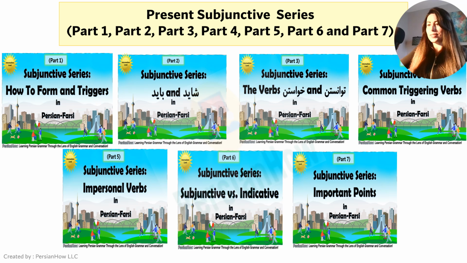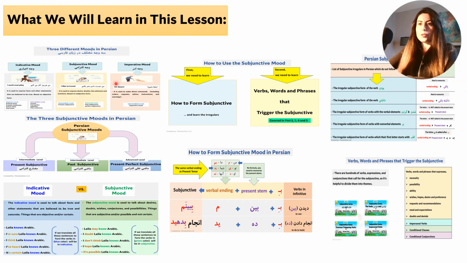All right, so let's start the lesson. Let me explain what we are going to learn in this lesson. First, we are going to go over the 3 moods in Farsi, and then I'm going to explain the different types of subjunctive, but I'm not going to go into details, just tell you how many subjunctives we have in Farsi.